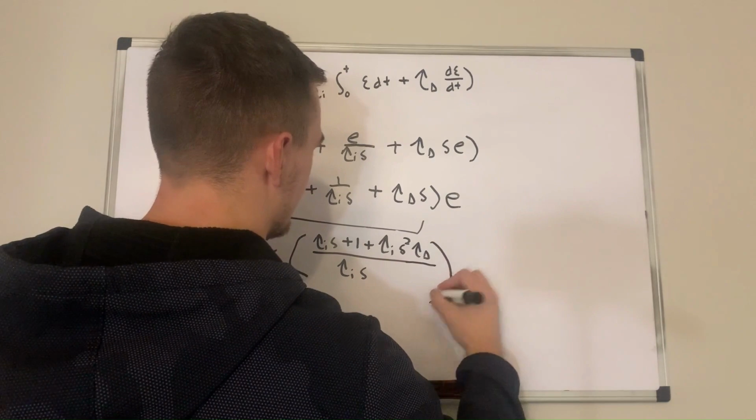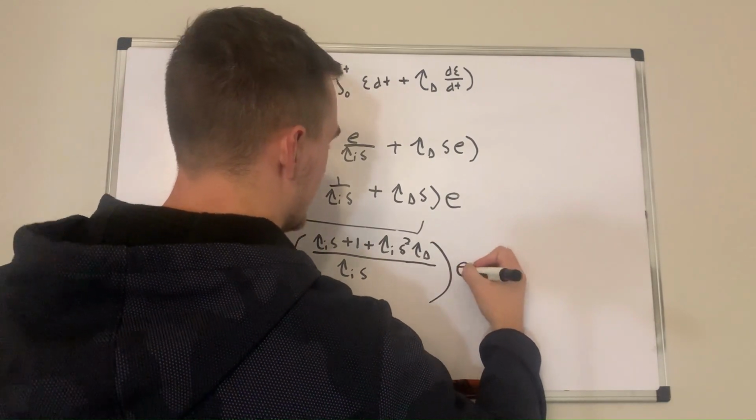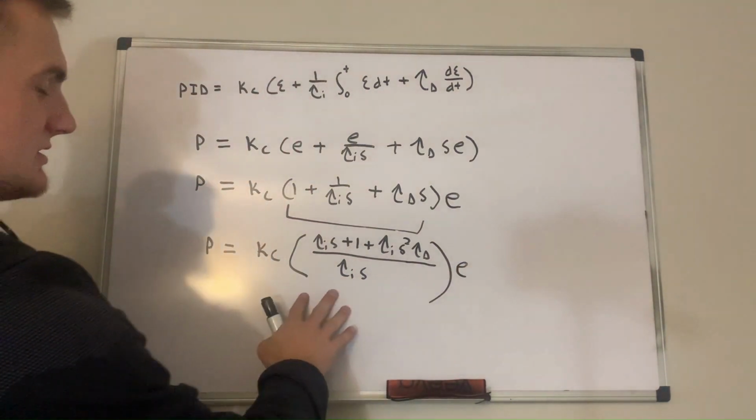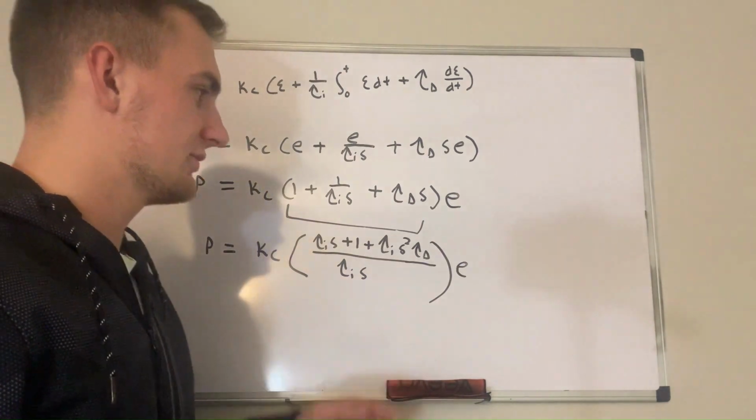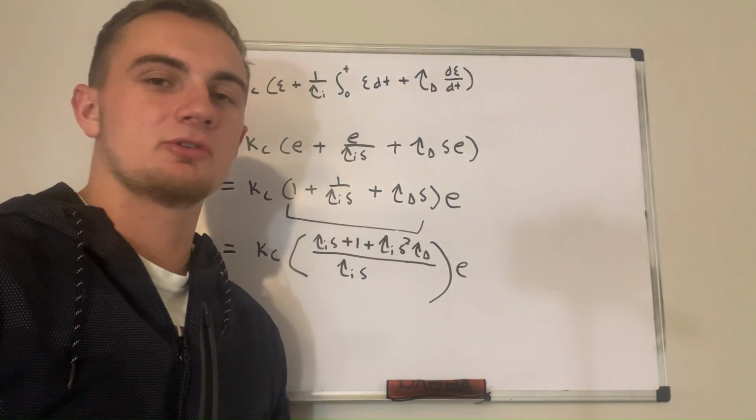And then this is all multiplied by the error. So this here is our transfer function of a PID controller.